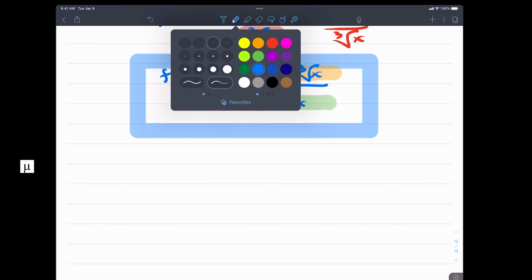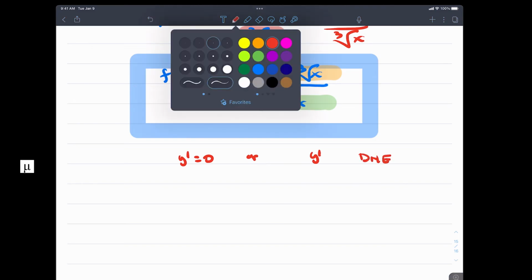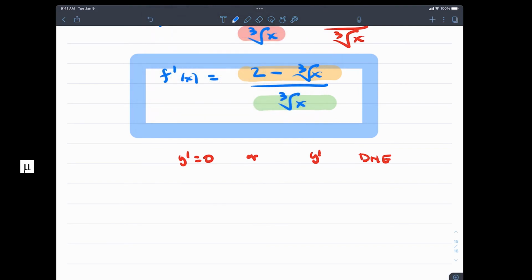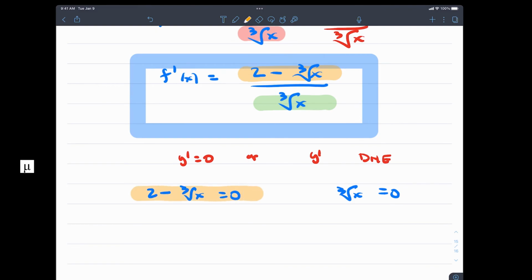Now, remember, if you're going to find a critical value, it's where that y prime is 0 or where the y prime does not exist. So 2 minus the cube root of x is 0. And over here, we say the cube root of x is 0. This one and this one, that's what I'm looking at, because you have a rational, you have a fraction.